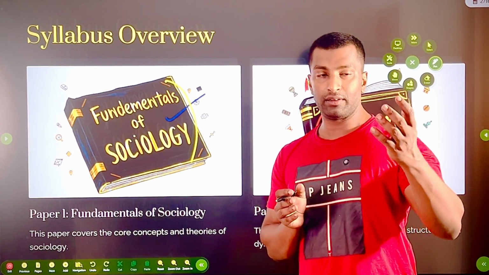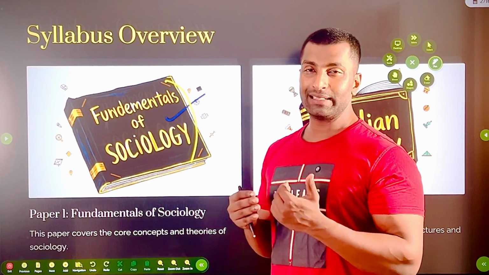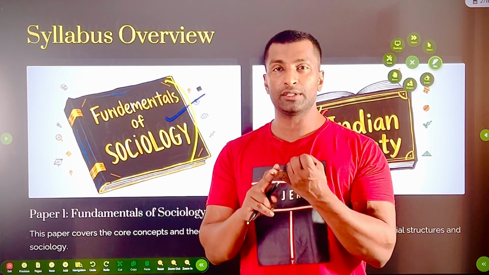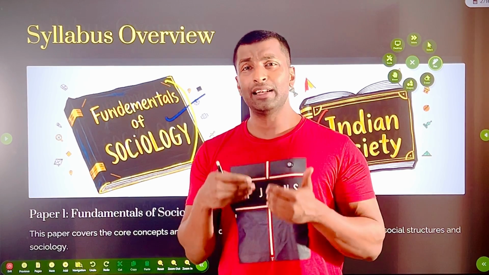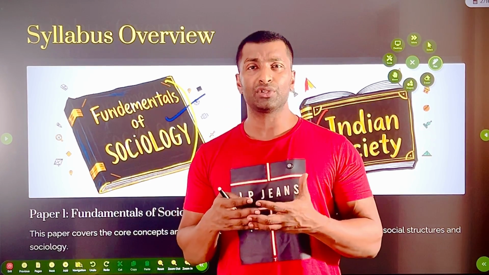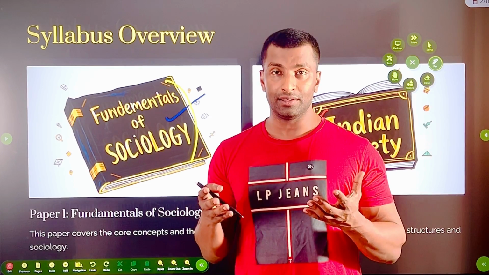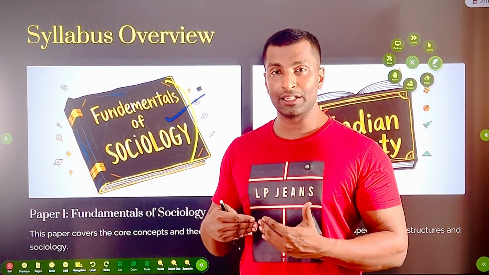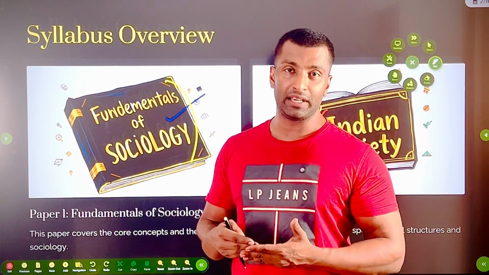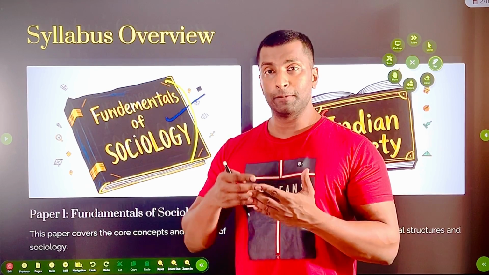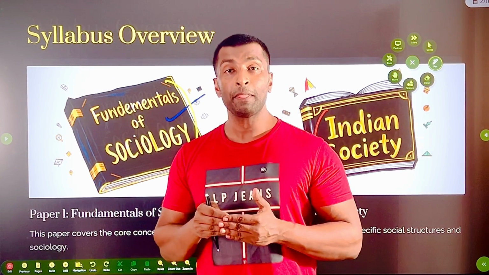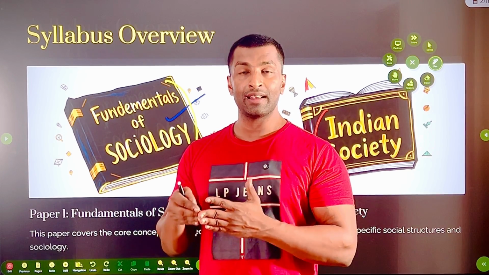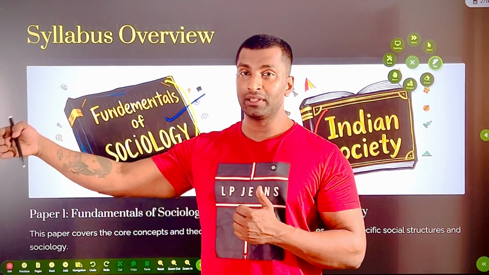You start with sociology as a discipline, the emergence of sociology, common sense, and the scope of sociology, and then you learn the perspectives of international thinkers. You will see the applications of that in chapters like stratification. After that, you look at paper 2 in the Indian context, where we learn the Indian perspectives and apply them to the Indian setup.